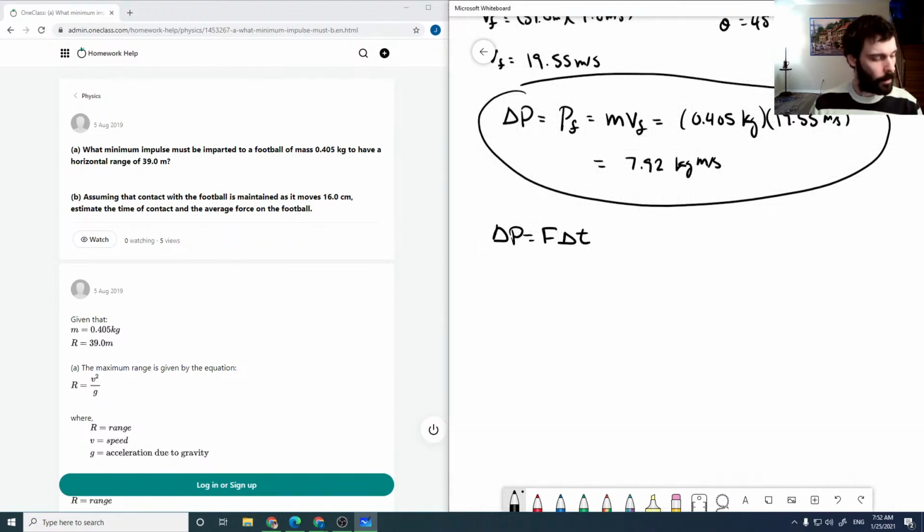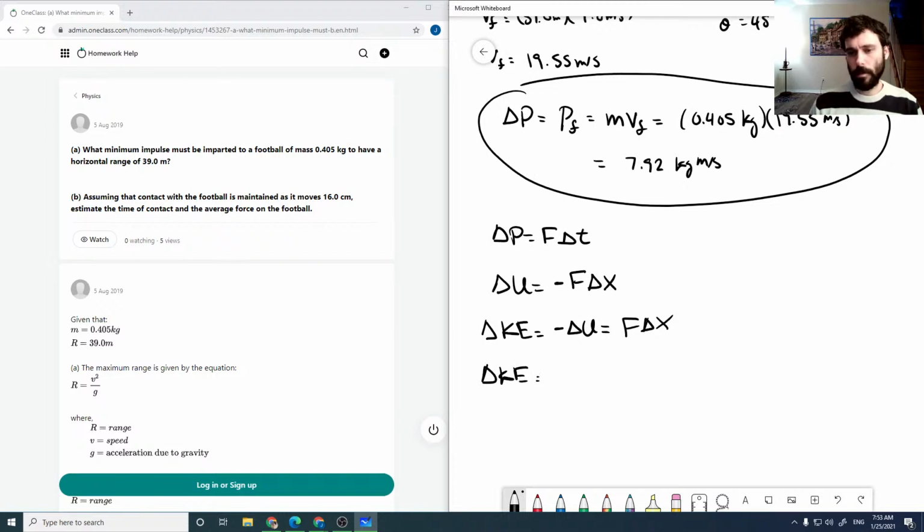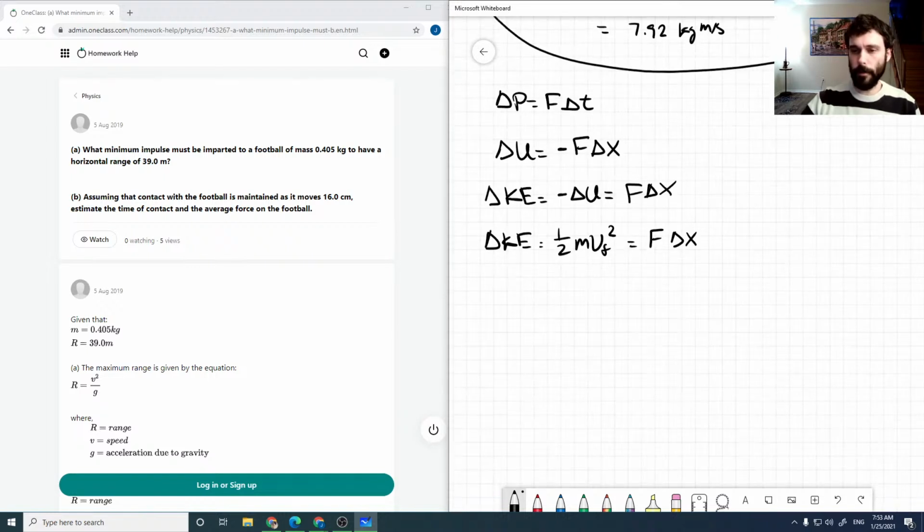But also, we're given distance, so that always makes me think of potential energy. So delta U is minus F delta X. But recall that delta KE is minus delta U, so that just equals F delta X. Our delta KE is just 1/2 m VF squared, and so that equals our F delta X. It's just that because our initial velocity is 0.